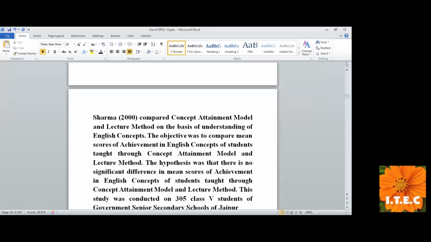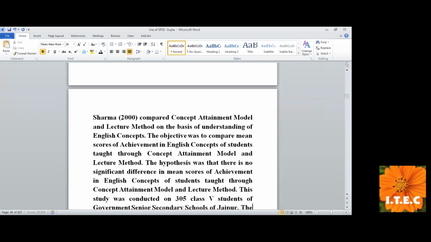This study was conducted on these students.